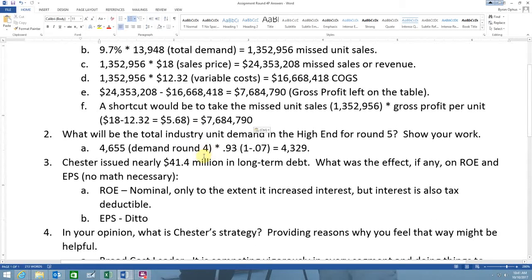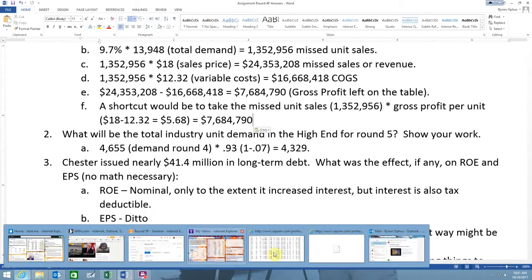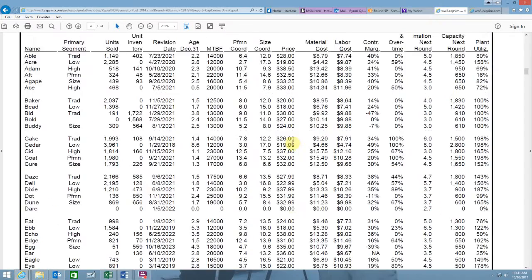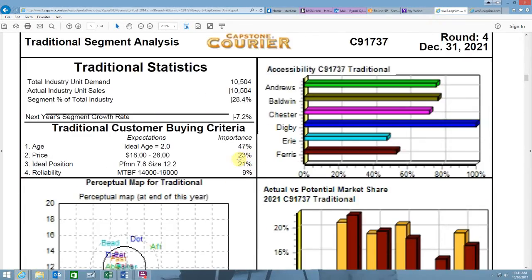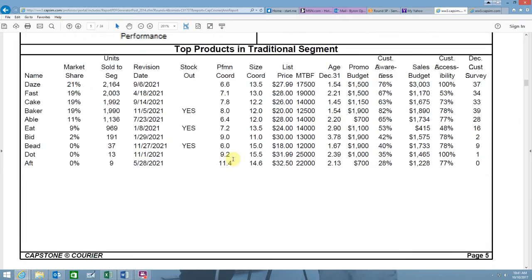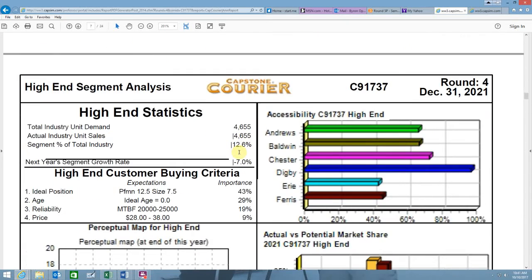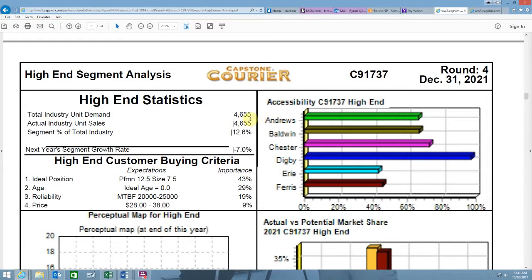Number two is what will be the total industry unit demand in the high end for round 5. What I really wanted you to find out here was that we're having a recession this next year. It's going to go down. So in the high end, scroll down a little bit, and a little bit more. Our total industry demand for round 4 was 4,655,000 units, but our growth rate next year is minus 7%.